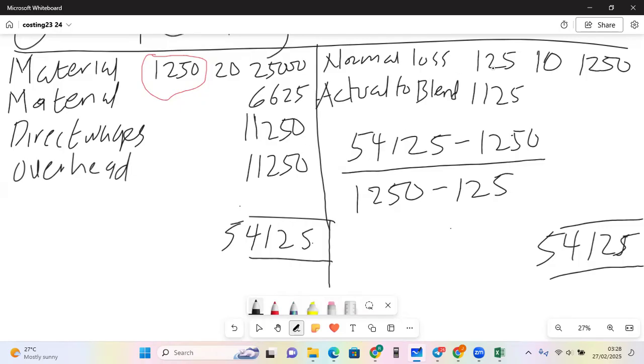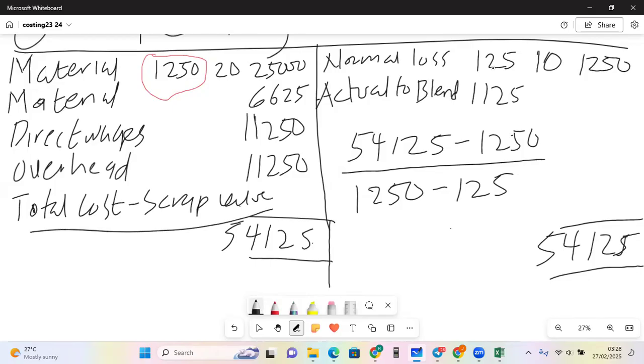So in simple terms, we are going to say the total cost minus the scrap value of normal loss, all over total material minus normal loss. Do you get it? So that is it.